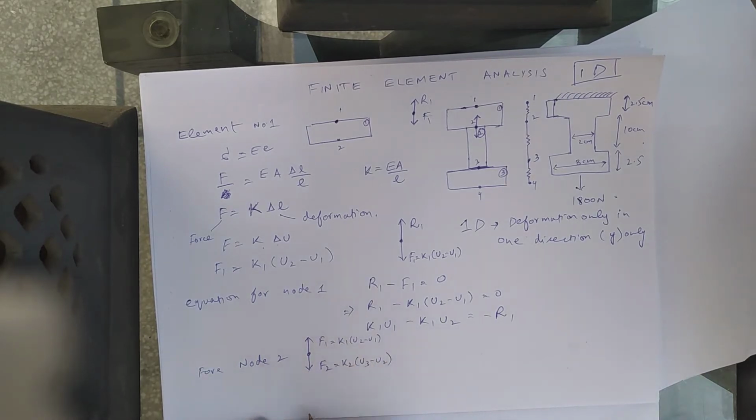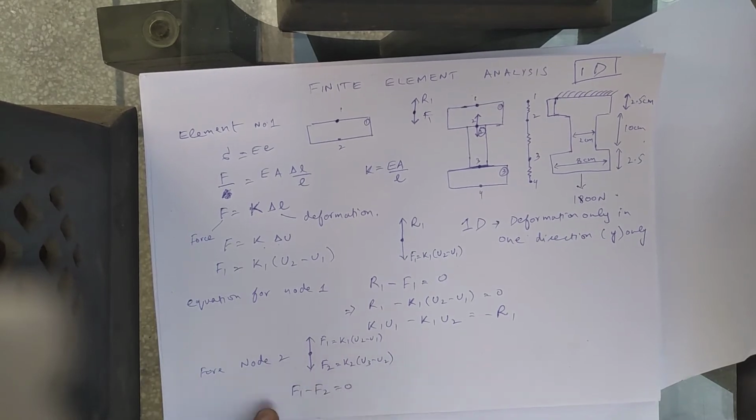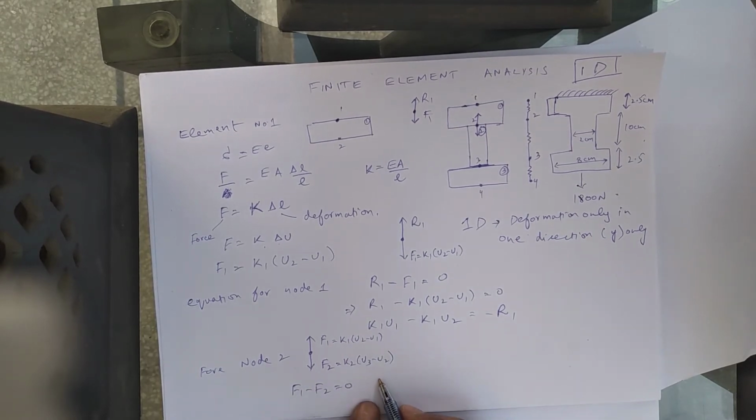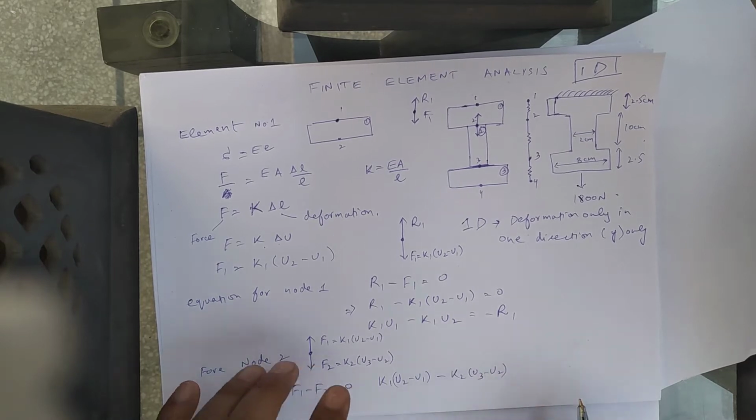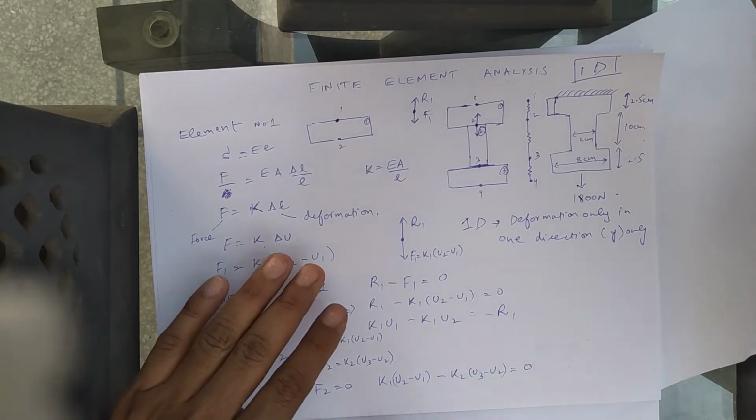So if we sum these two equations, that will be F1 minus F2 equals 0, and that will be K1 U2 minus U1 minus K2 U3 minus U2 is equal to 0.